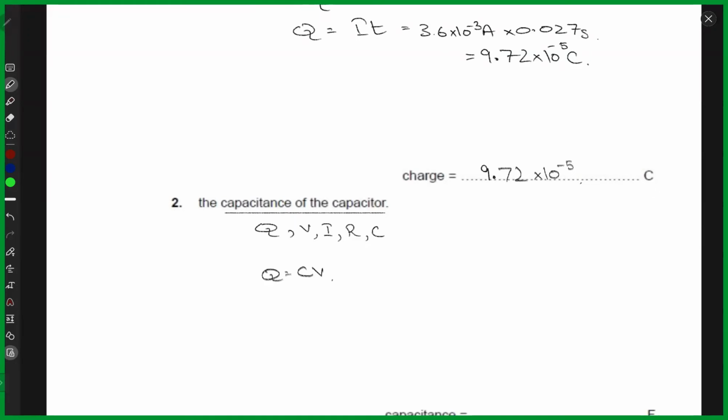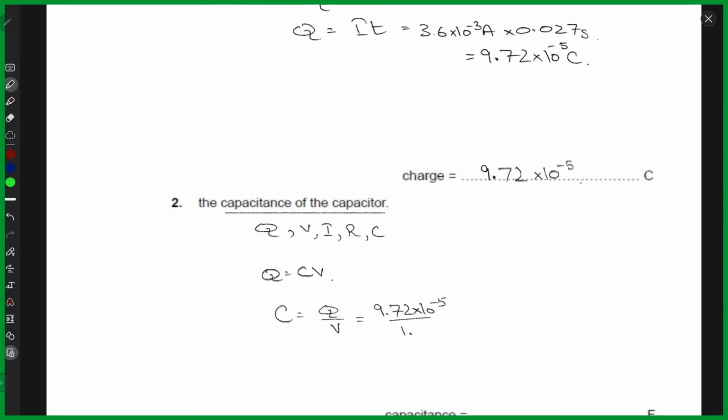So from this, C is just the ratio of charge to the potential difference across the plates, which is straightforward because the charge is 9.72 into 10 raised to power minus 5, and the potential difference was 1.2.